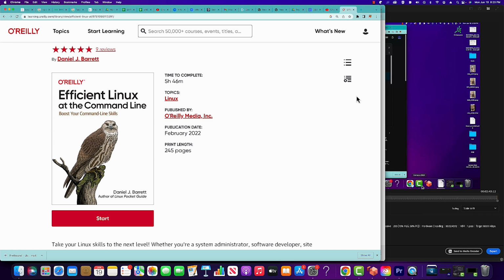So my roadmap as a first session will be to refer to this book, which is called Efficient Linux at the Command Line. And these skills that you are going to be learning that are part of this book are going to turn out to be lucrative in your job searches, in your day-to-day practices of your work life, and you will also feel confident to interact with tech stacks and make things very, very clear.